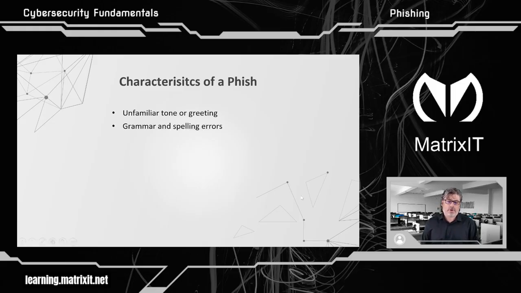Another thing we look for is grammar and spelling errors. We've got all these emails coming from different parts of the world. Spelling is an issue. Grammar is an issue, and it's funny because my daughter the other day, she's in university, and she gets an email. She says, "Hey, Dad, the university still can't spell."